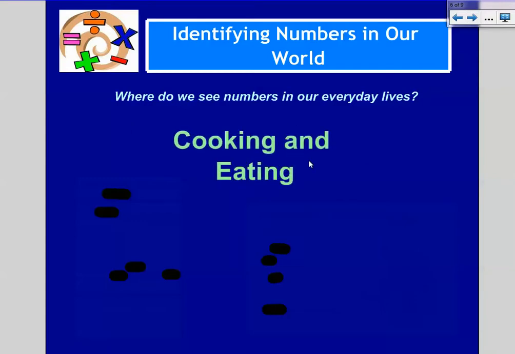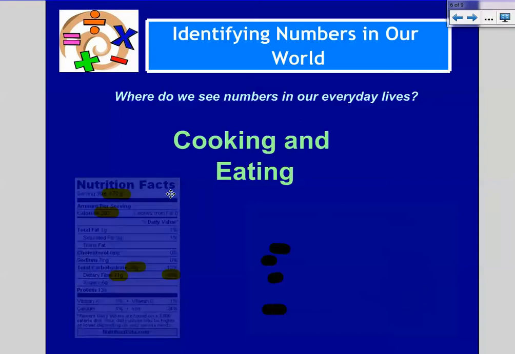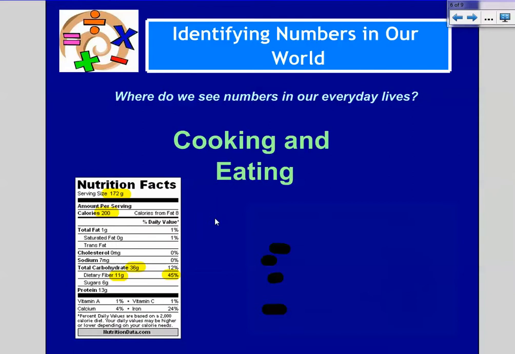Another way that we use numbers in our everyday lives is in cooking and eating. When you go to the grocery store and you're helping your mom or dad pick out your groceries, you might notice that some of the packages have this label on them.